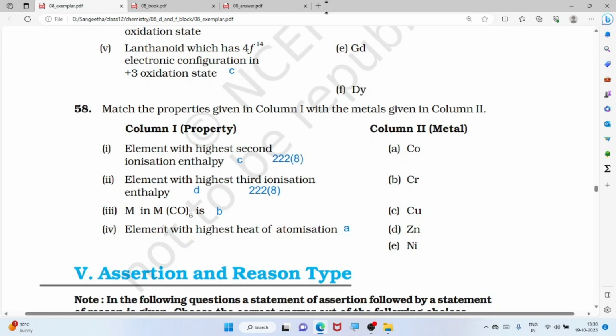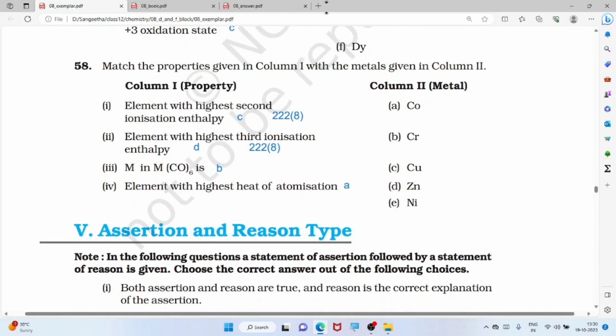Okay, match the properties given in column 2. Element with highest second ionization enthalpy. Okay, element with highest third ionization enthalpy.